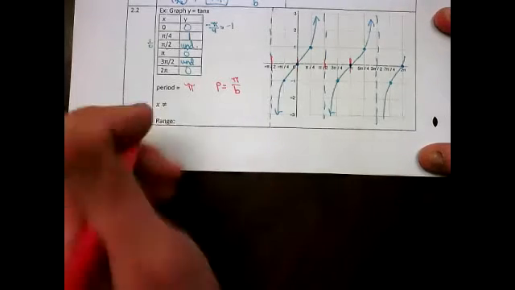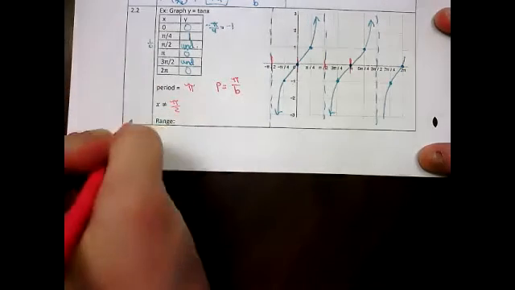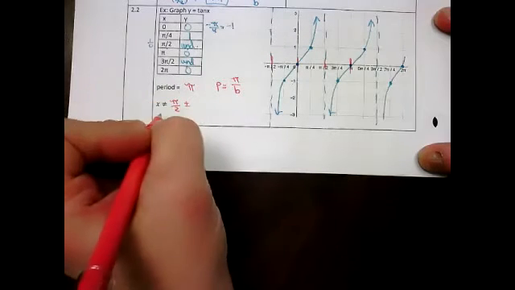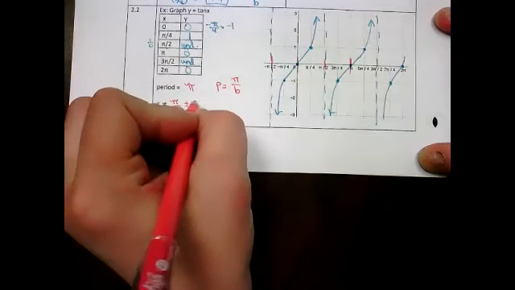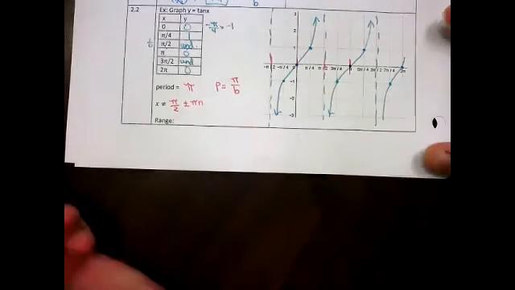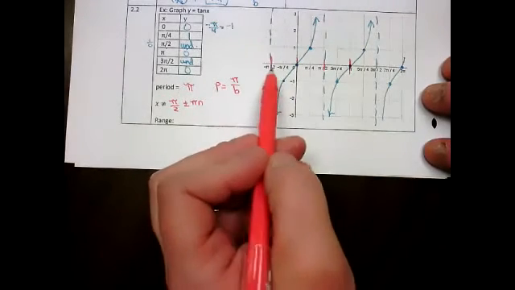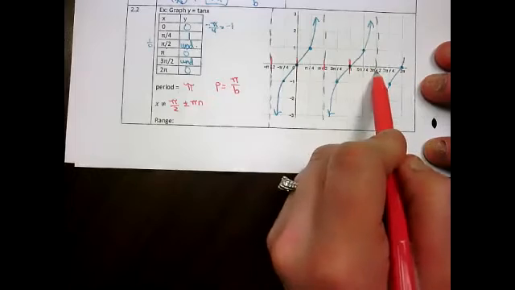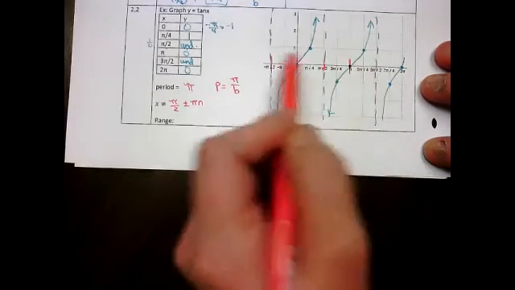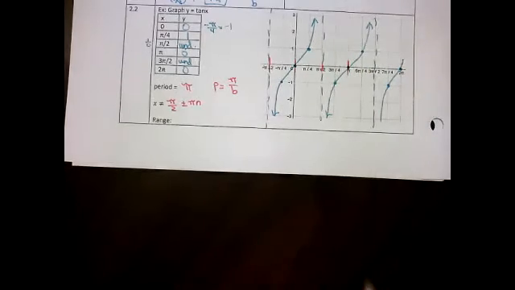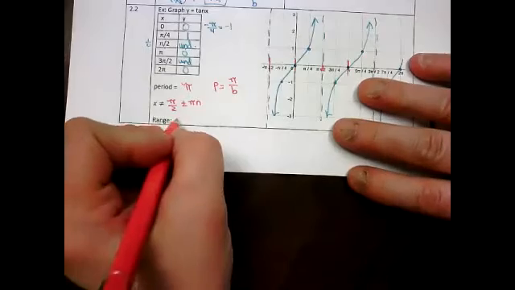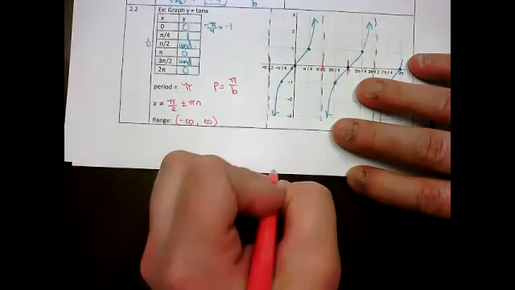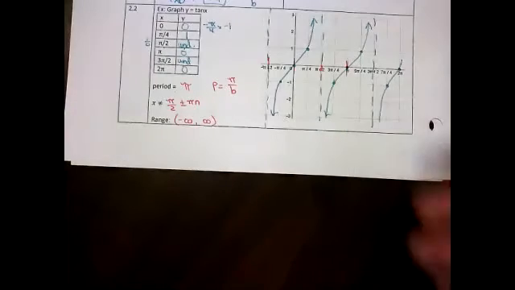X can never equal pi over 2, and really it's pi over 2 plus or minus pi n, because from negative pi over 2, if I add pi, I could still add another pi, or I could subtract a pi however many times. And my range here is from negative infinity to infinity. It starts down, down, down, and it goes high, high, high.